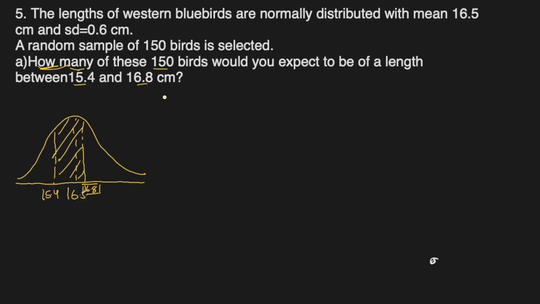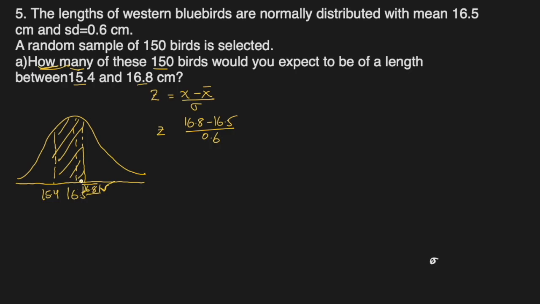The formula for that: first we need to find the z score. Z score will be x minus x bar over sigma, where x is the given length 16.8, minus the mean length, which is 16.5, divided by sigma, which is 0.6.